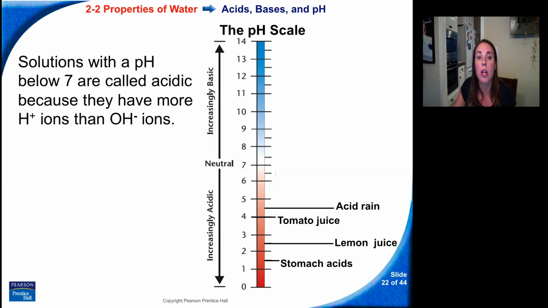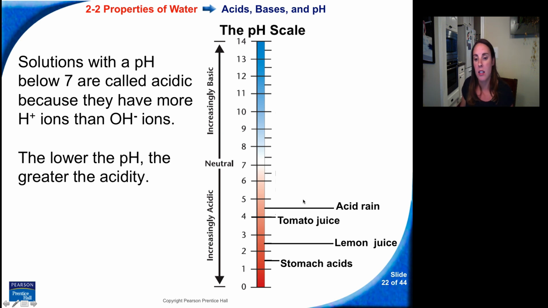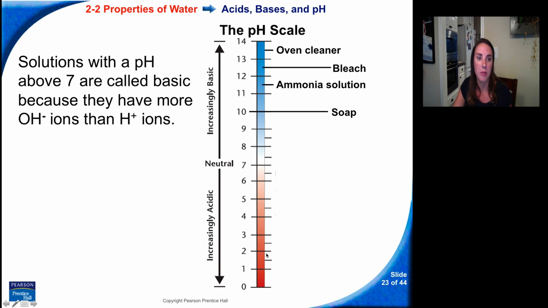Solutions with a pH below 7 are called acidic because they have more hydrogen ions than hydroxide ions. So below 7, these are all acids, and they all have more hydrogen ions than hydroxide ions. So the lower the pH, the greater the acidity. A 0 or 1 or a 2 is a very strong acid.